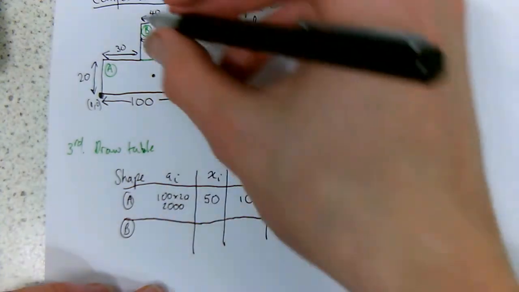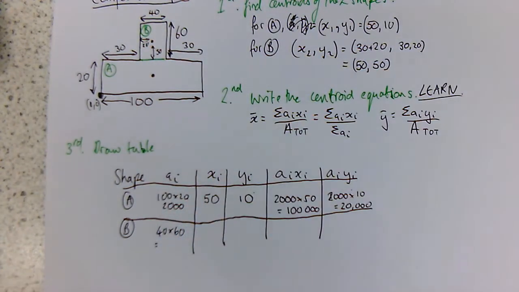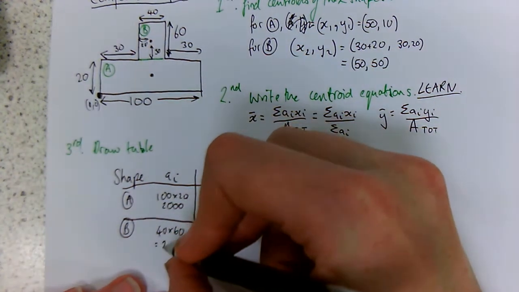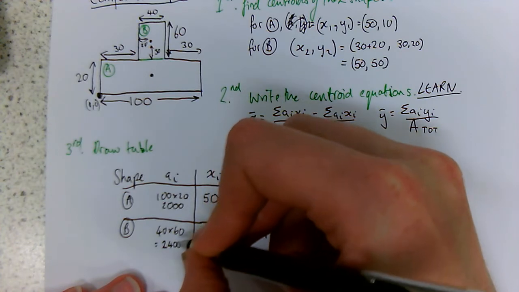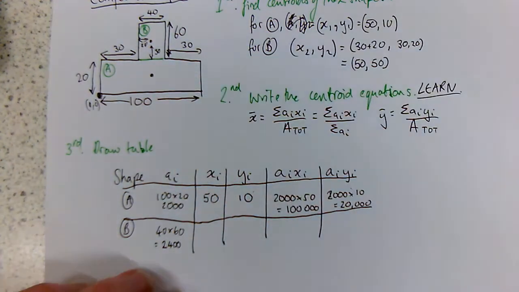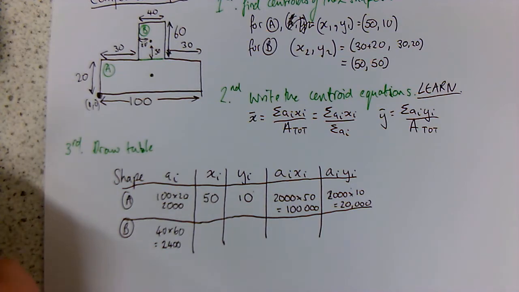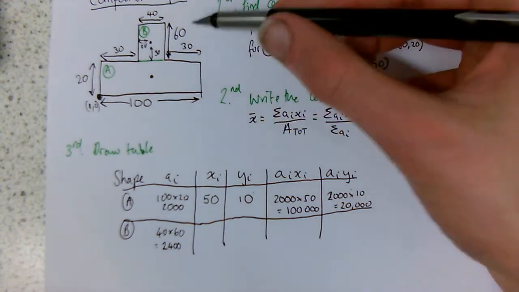Now the next step, we need to do the same for B. Now the area of B is 40 by 60, which is 2,400. Obviously this is not drawn to scale.